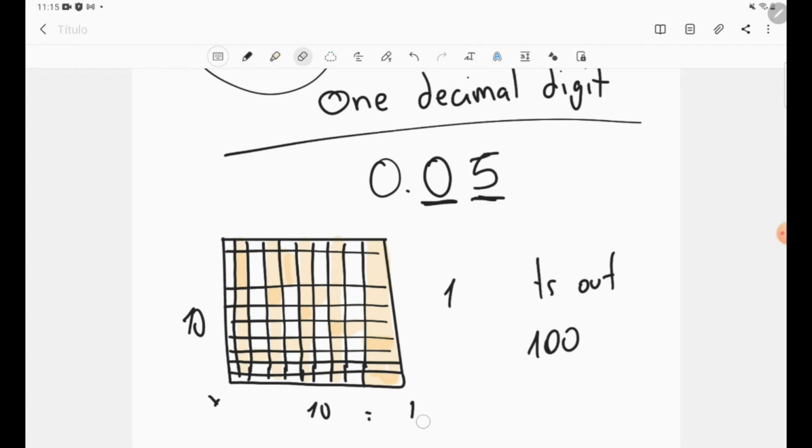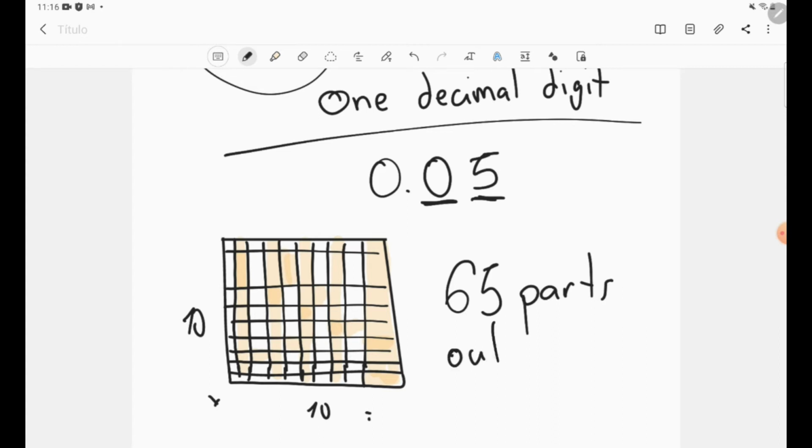So 65 parts out of 100, which means that the decimal number is 0.65.